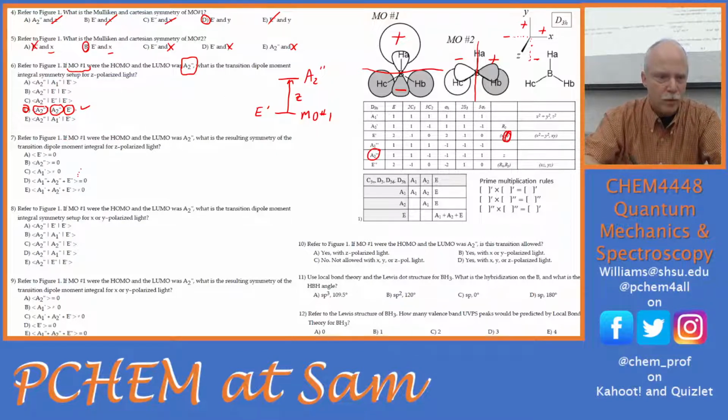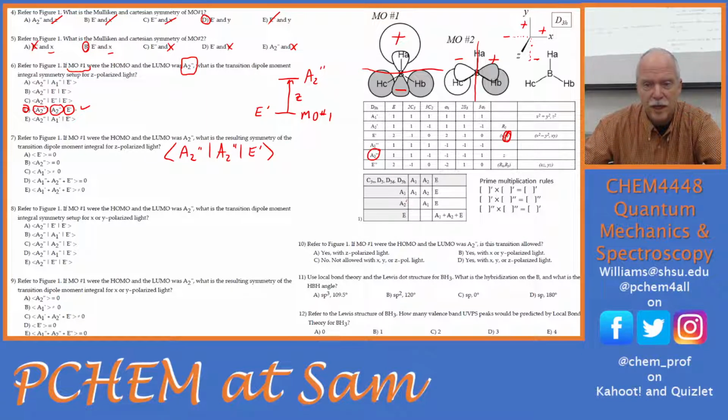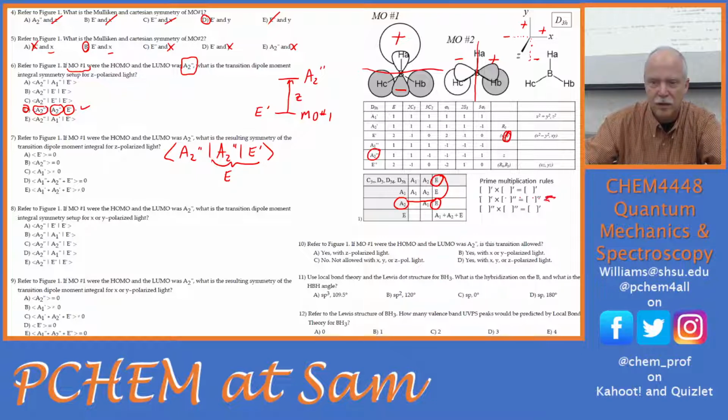Okay. And so let's do that. So we come over here, we have A2 times E. So we have A2 times E will give us E. So we have E here, and then prime times double prime, that's this one right here, gives us a double prime.